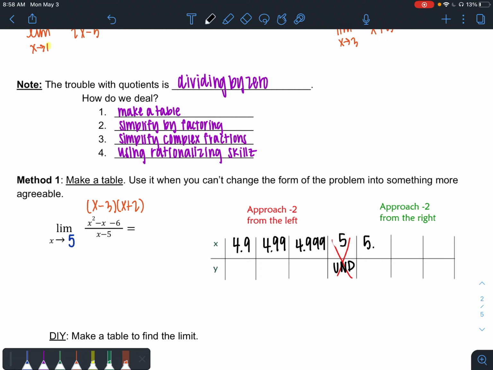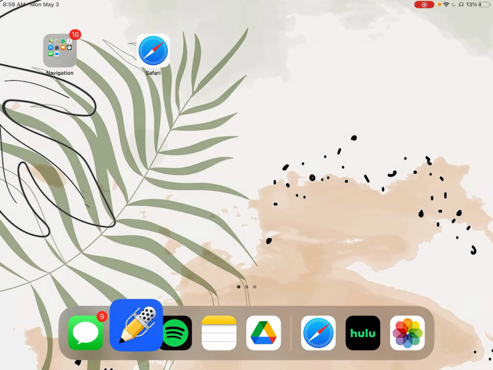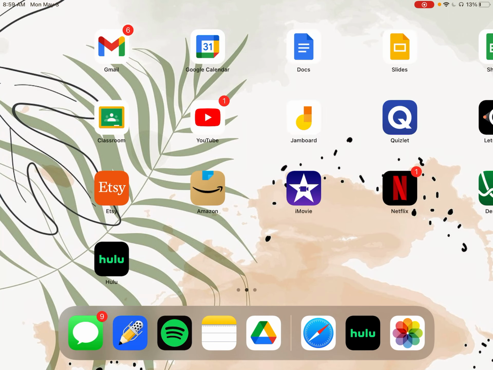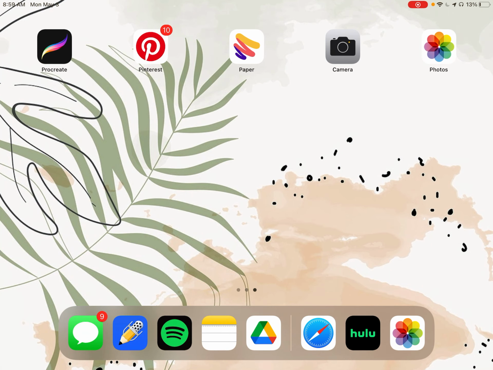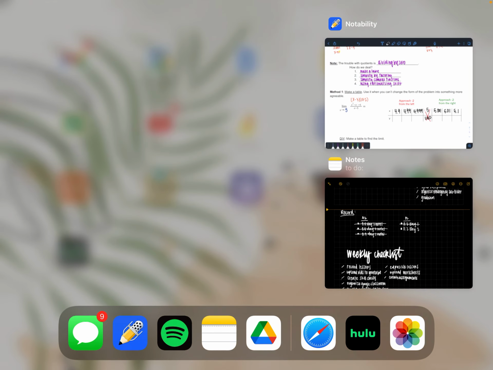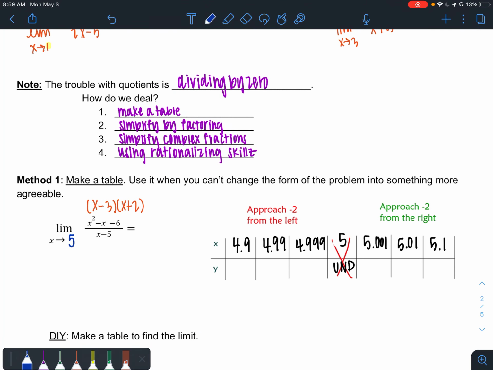Then I'm going to have 5.001, 5.01, and 5.1. All these values are super close and getting closer. So all we do is plug these into a calculator. You can use a table in your calculator.